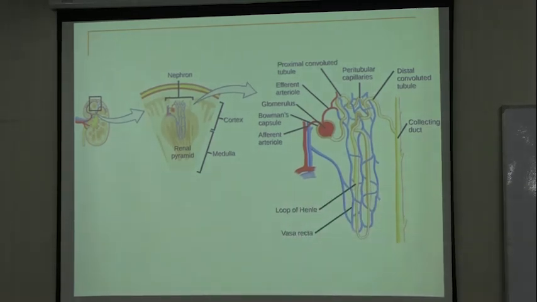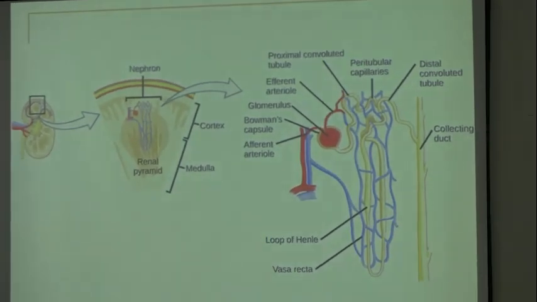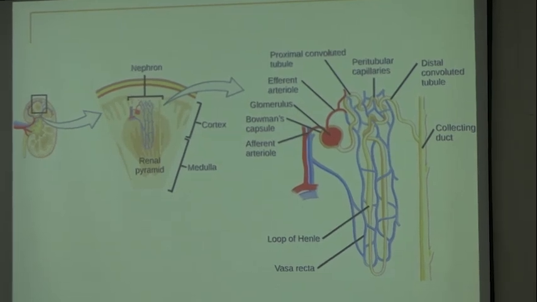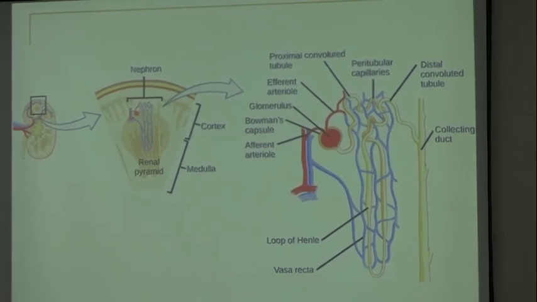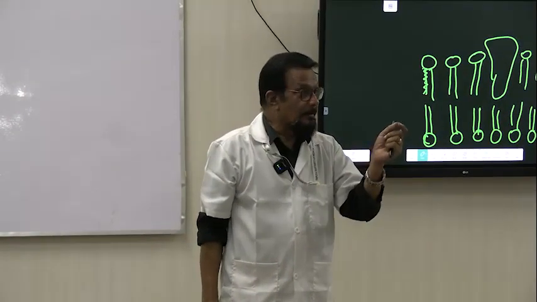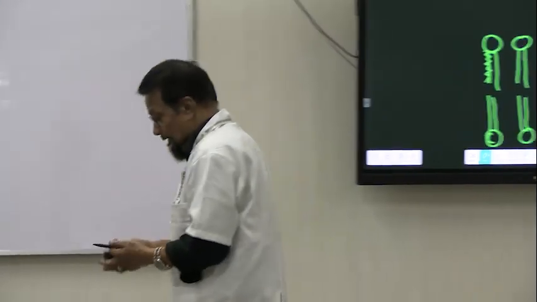These capillaries are called peritubular capillaries. If I ask where you will find peritubular capillaries, when I ask what are the sites from where erythropoietin is generated, this is one site. Which one?